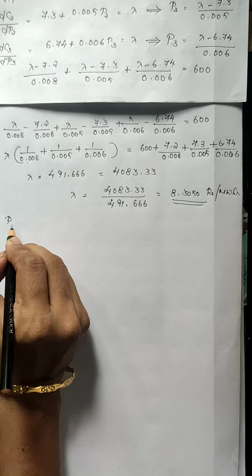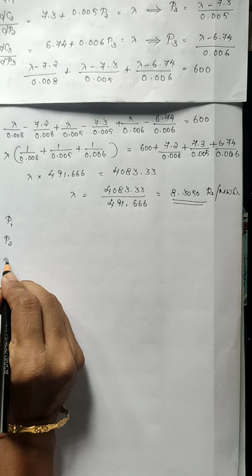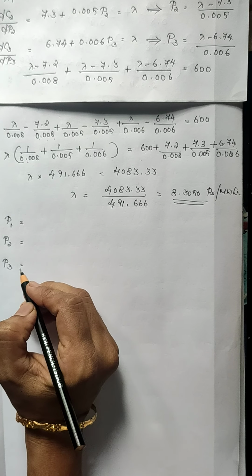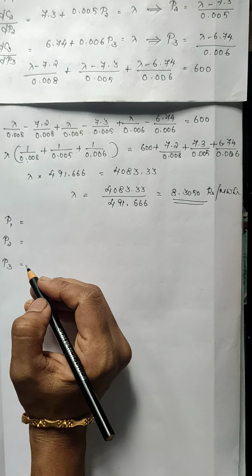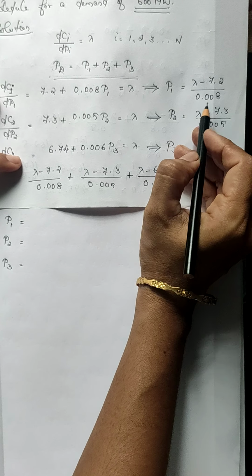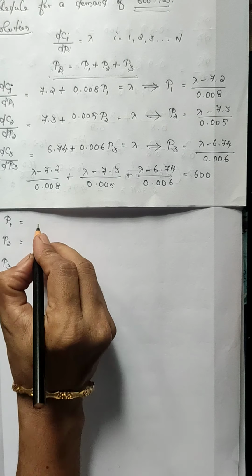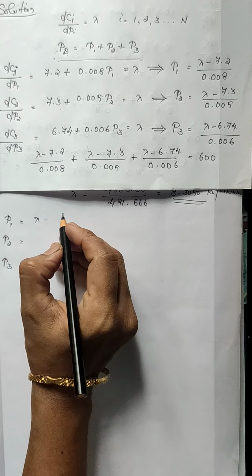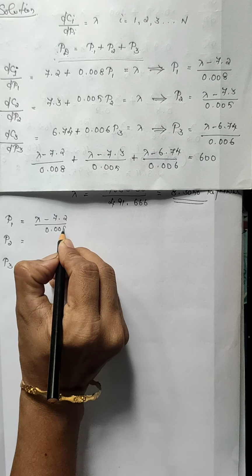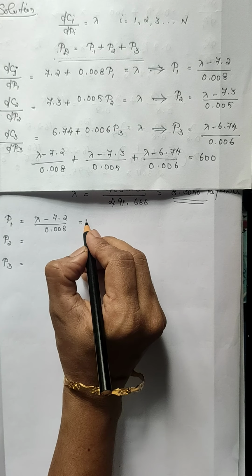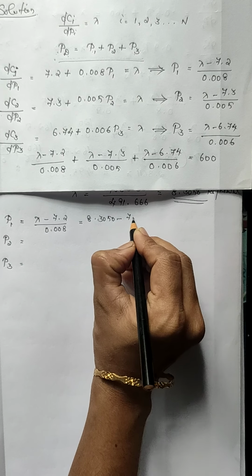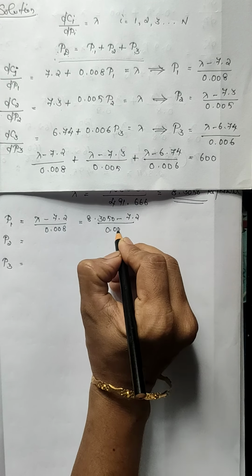Now calculate P1, P2 and P3 from the expression in terms of lambda. So we have P1 is equal to lambda minus 7.2 divided by 0.008. So lambda is 8.3050 minus 7.2 divided by 0.008.